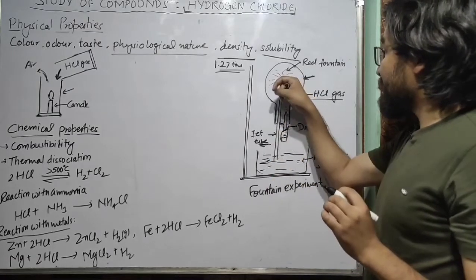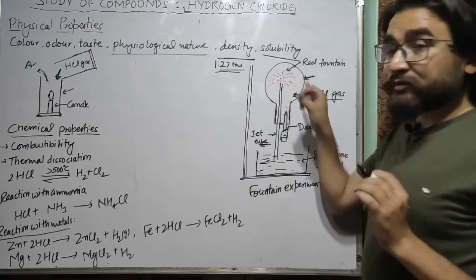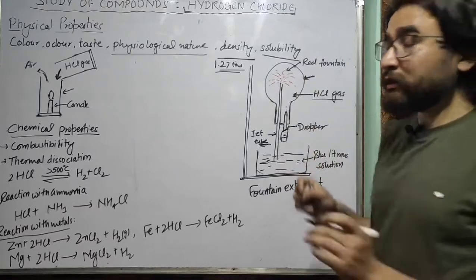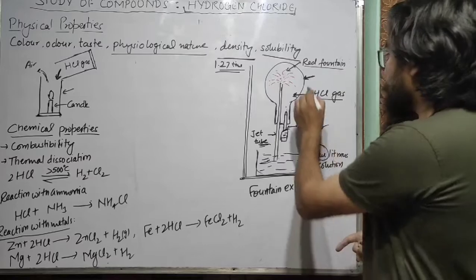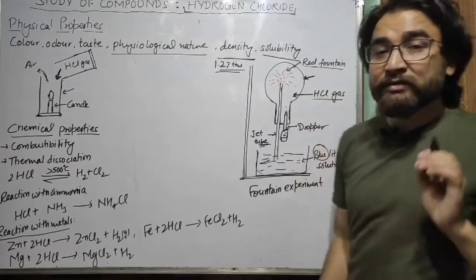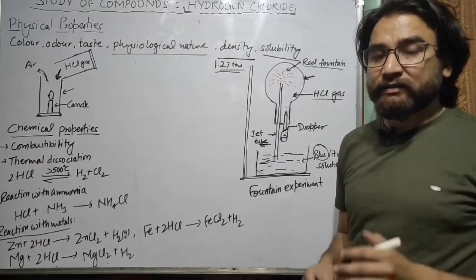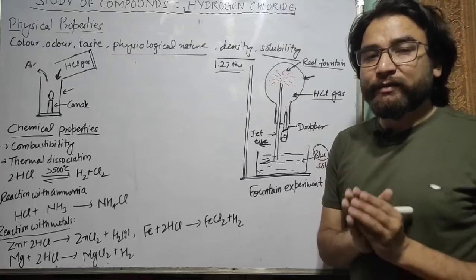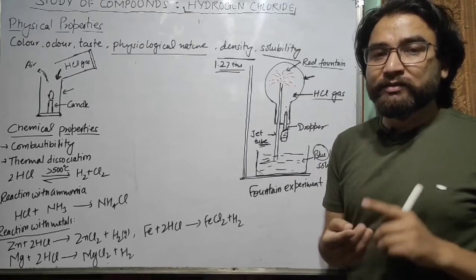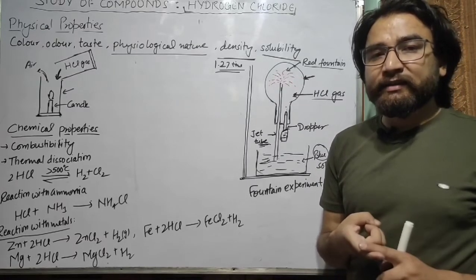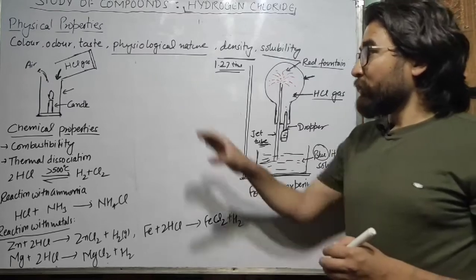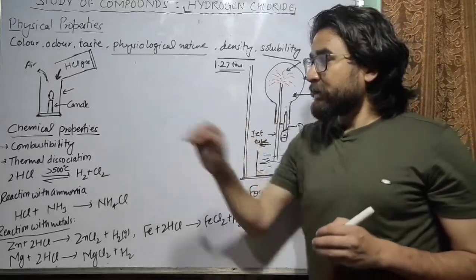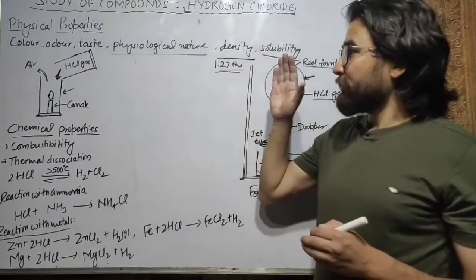So here you will not observe a blue fountain, but you will see a red fountain. Blue litmus turned red means it is acidic in nature. So from the fountain experiment we can prove two things, that HCl is acidic in nature and it is highly soluble in water. Now let's talk about the chemical properties of HCl.